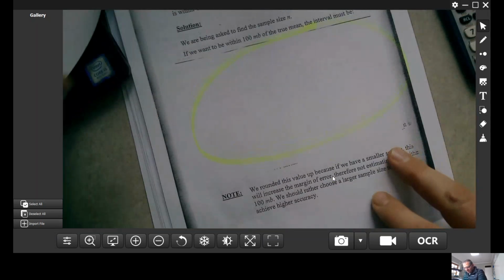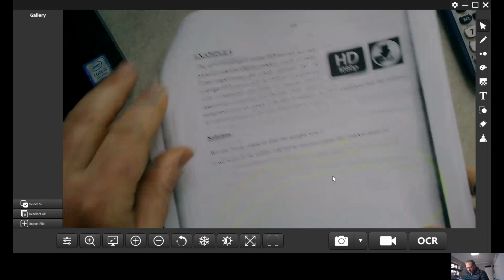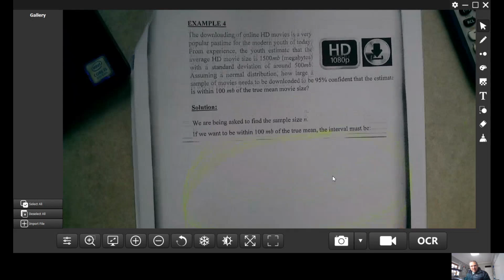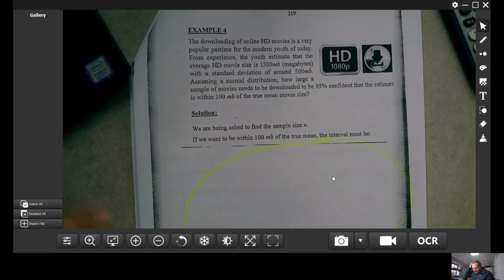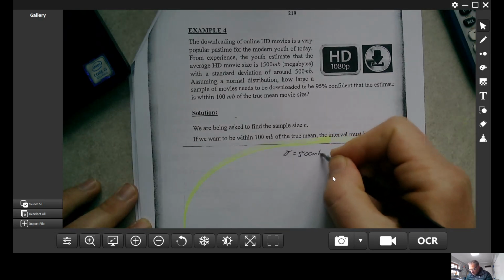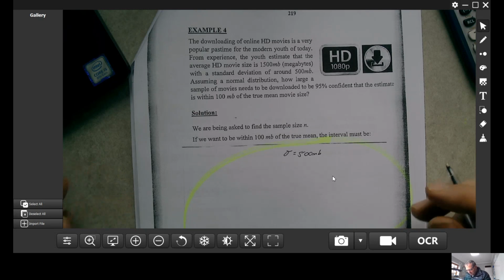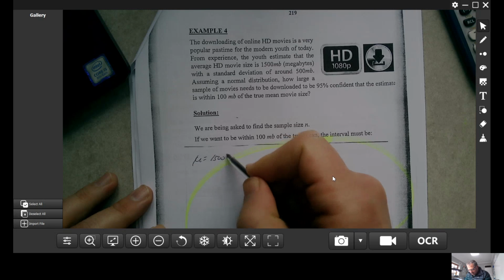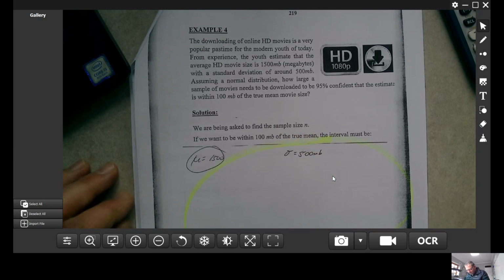Right, and last one for this, quick example 4. The downloading of an online HD movie is very popular, but they reckon that the average movie size is 1,500 megabytes, with a standard deviation of 500 megabytes, assuming a normal distribution.